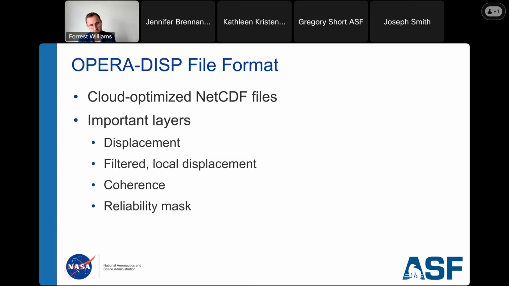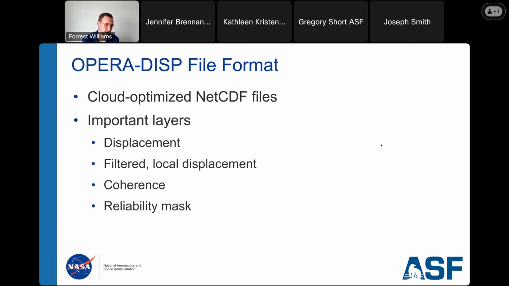The third data set that's always good to keep in mind is the coherence data set in each of these products. For those of you unfamiliar with coherence measurements, it is essentially a quality measure where values close to 0 represent low quality data that doesn't have a very high signal to noise ratio. And on the other side, you have high coherence data, typically near values of 1, that provide very, very reliable results.